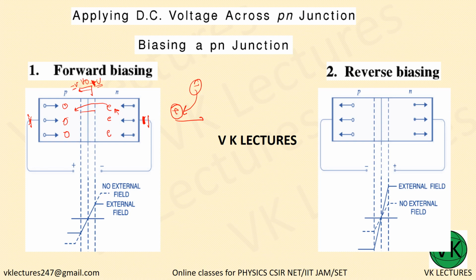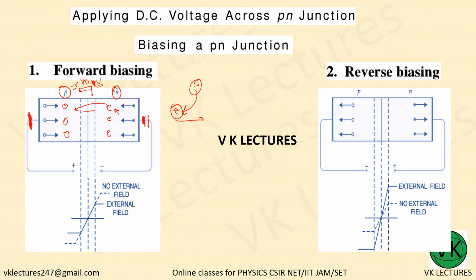Same way, what we are doing is we are trying to reduce the barrier potential. Now by doing that, how can we do? You can bias this P region with a positive potential and the N region with a negative potential.